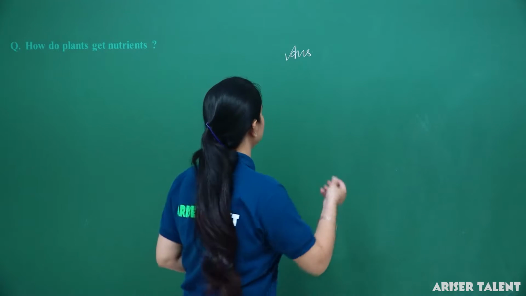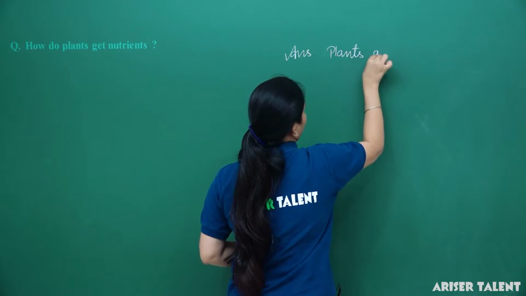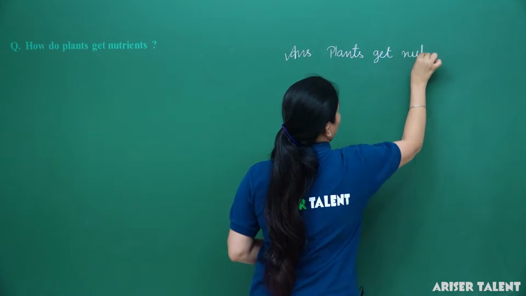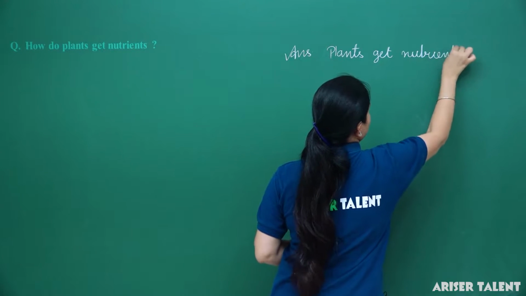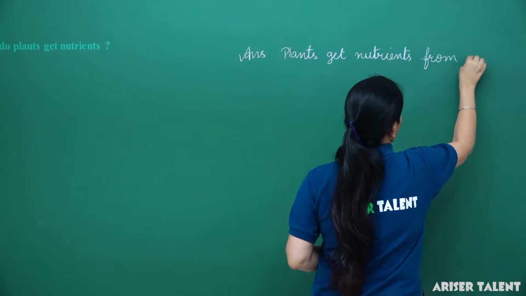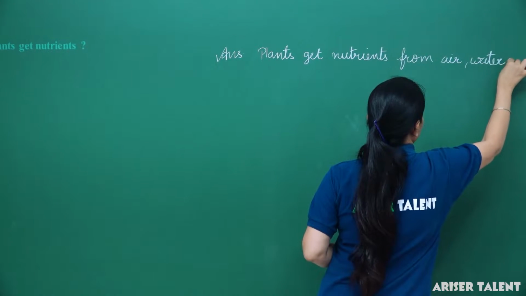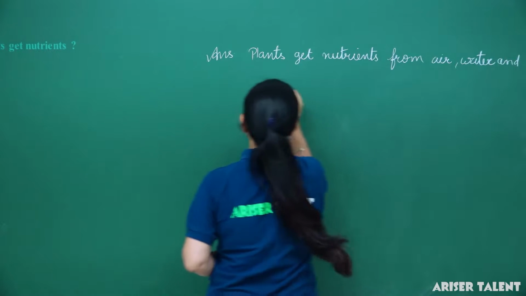So here we go with the answer: plants get nutrients from air, water and soil.